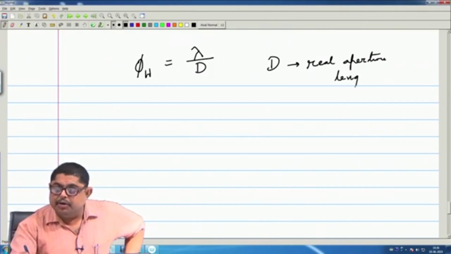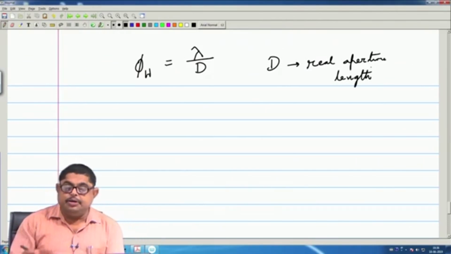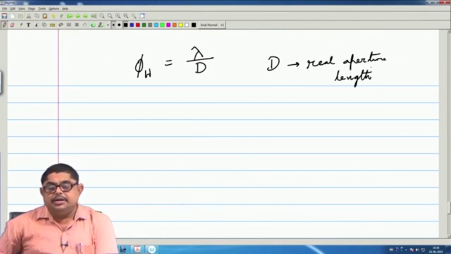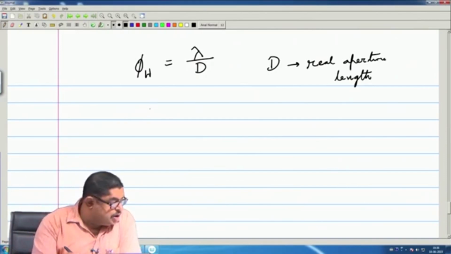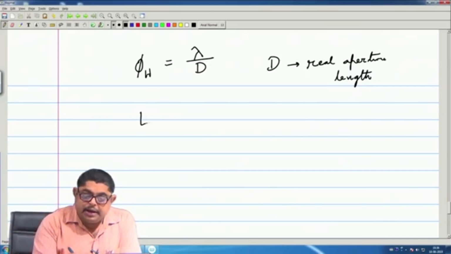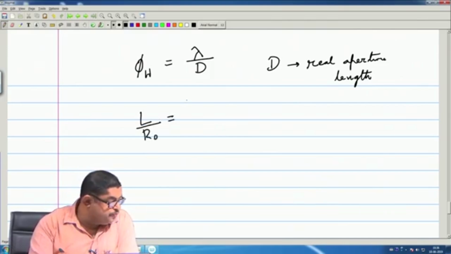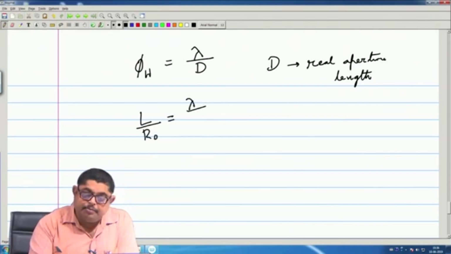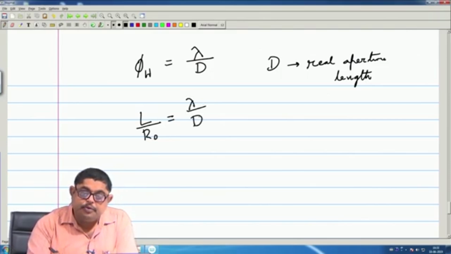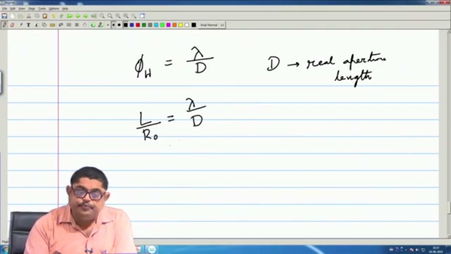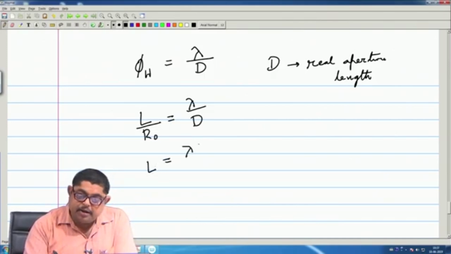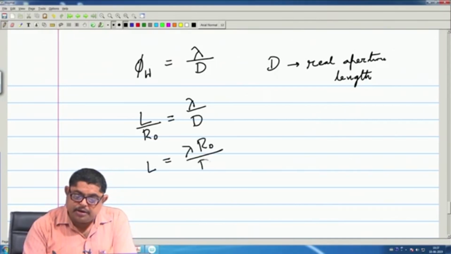We generally call it the dimension, the largest dimension of the antenna. So, in this case, real aperture length. So, I can say that L by R naught is equal to lambda by d. So, L is equal to lambda R naught by d.